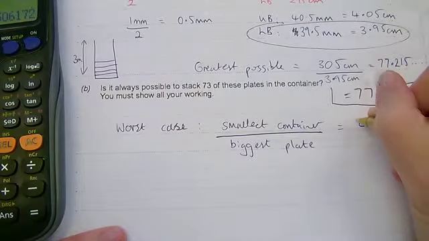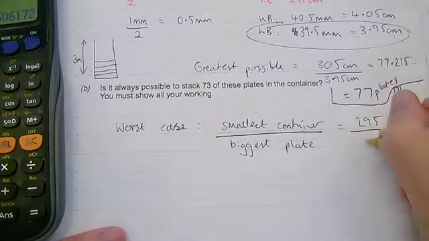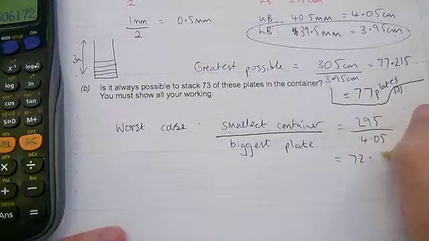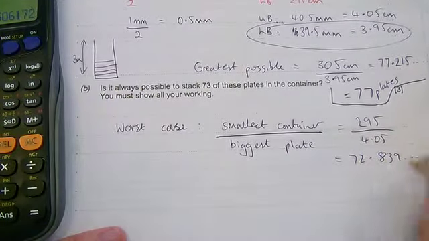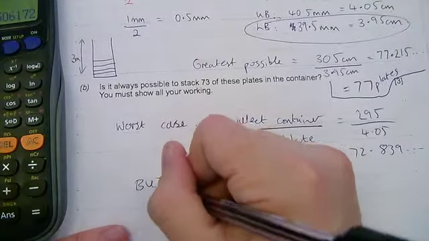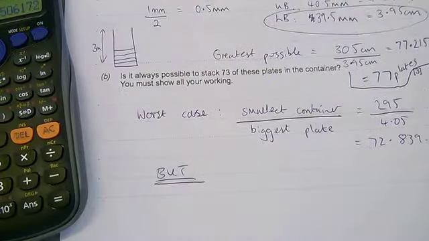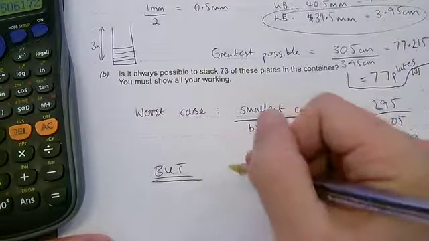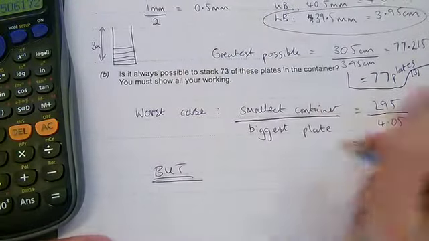So that is 295 divided by 4.05, which is equal to 72.839 blah blah blah, but that isn't 73 rounded to the nearest whole. Okay?